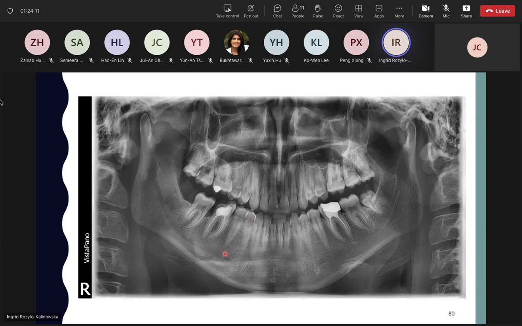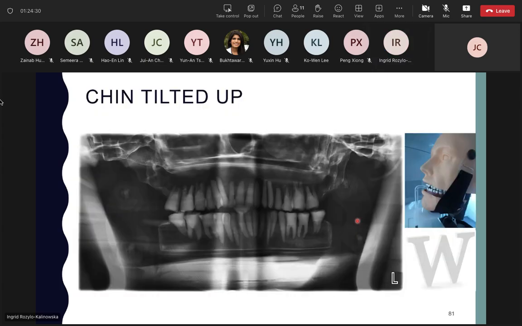Of course, you can diagnose teeth, but you cannot perform any reliable measurements in panoramic radiographs once you remember that the positioning is not repeatable and is subject to errors, technical errors.